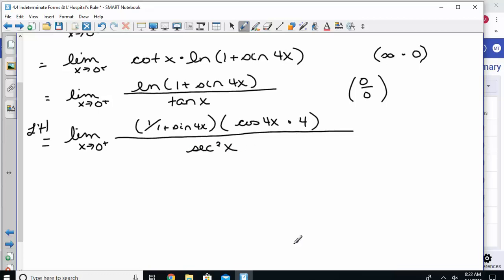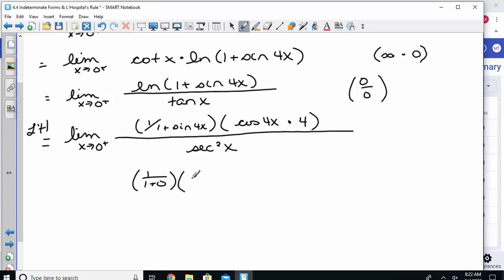So now there's definitely a lot we could do to clean this up. Let's see if we can evaluate. If we can't evaluate and we're going to have to do L'Hopital's again, then we'll go through all the work to clean it up. Okay. If I just plugged in 0, sine of 0 is 0, so I have 1 over 1 plus 0.